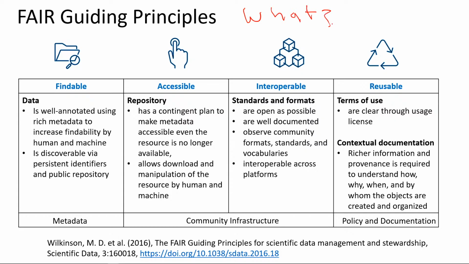So to make your data findable, as I mentioned, you need to provide an object identifier, a persistent identifier, like a DOI. That's a persistent identifier. A URL is not a persistent identifier. I will talk about it, but you need to provide a persistent identifier, and we'll talk about this.